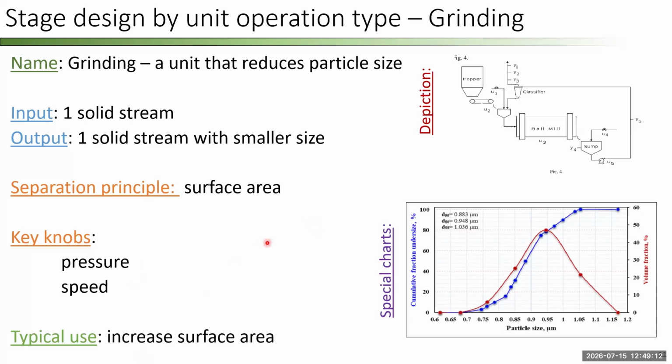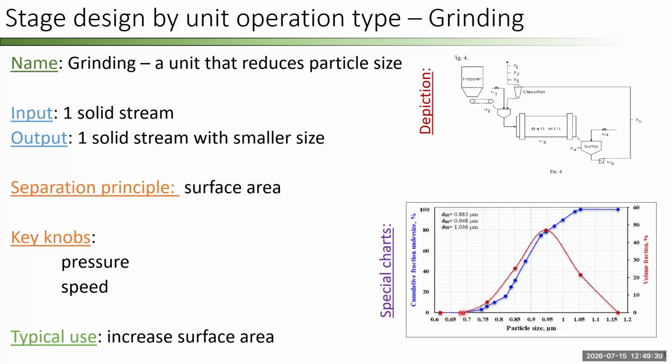Right, so the typical use here is to increase our surface area. Where we might think about seeing charts here would be this shown in the lower right-hand corner, before and or after grinding. I can look at the particle size. So what's the volume fraction, what percentage of particles have, say, a particle size of 1 micrometer.